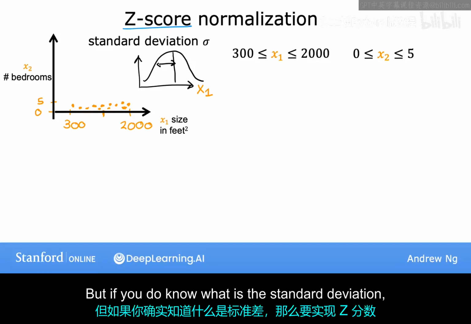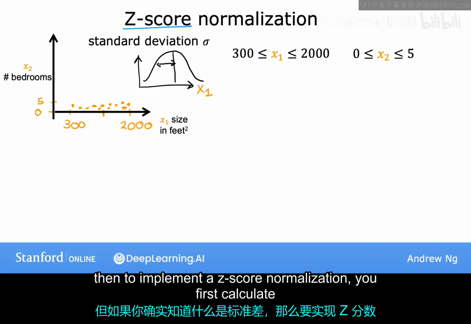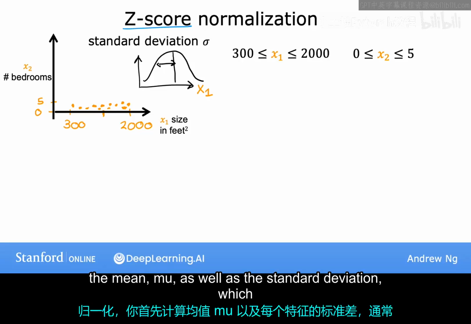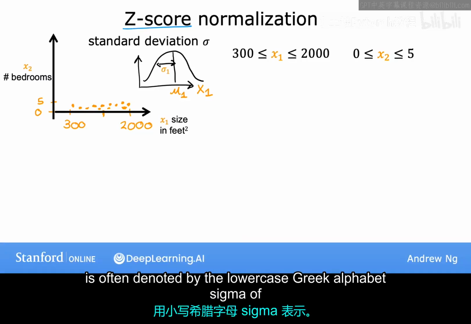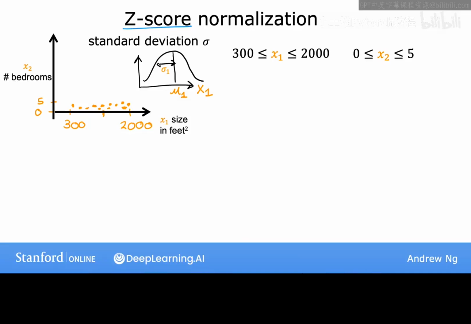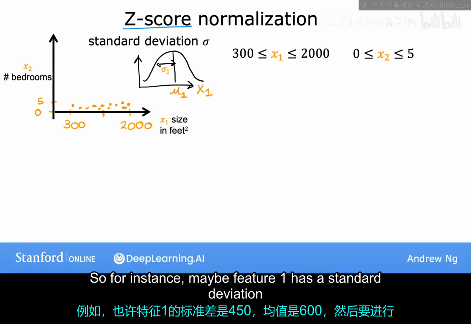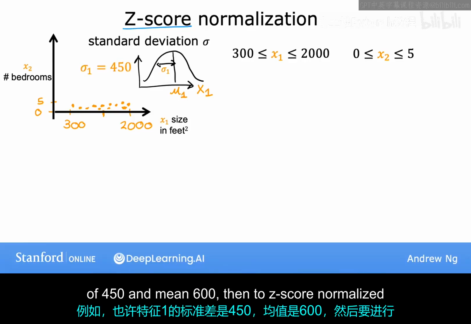But if you do know what the standard deviation is, then to implement z-score normalization, you first calculate the mean mu as well as the standard deviation, which is often denoted by the lowercase Greek letter sigma, of each feature. So for instance, maybe feature 1 has a standard deviation of 450 and mean 600.